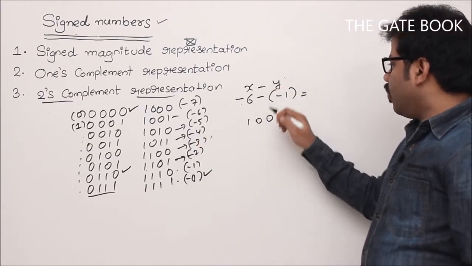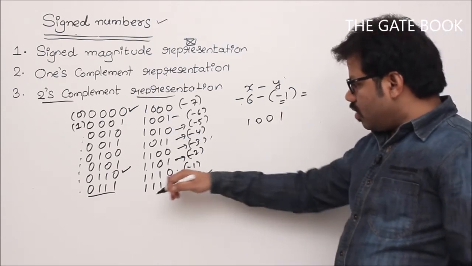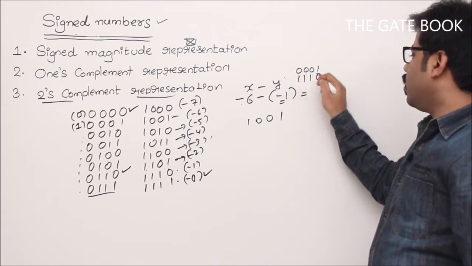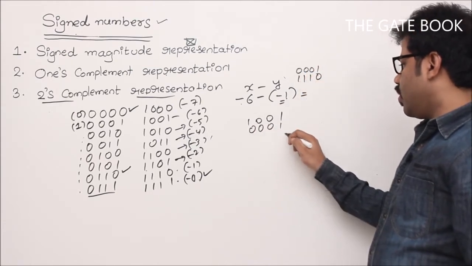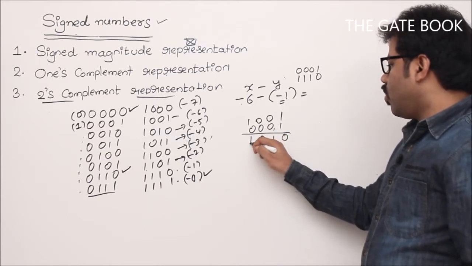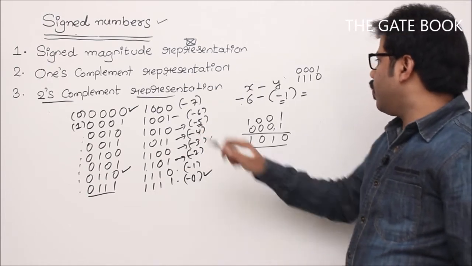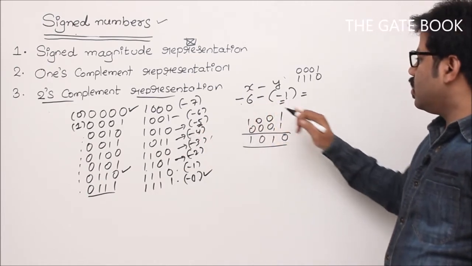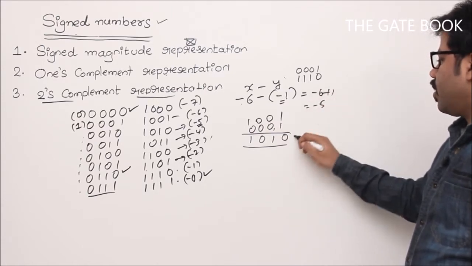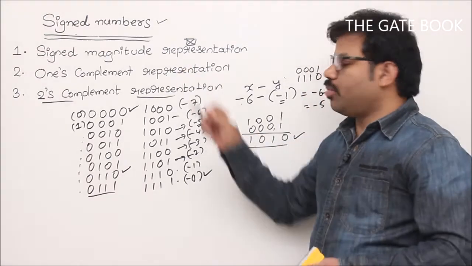Take y, which is minus 1, but take one's complement of that: 1110, whose one's complement is 0001. Then do addition blindly: 1001 plus 0001 gives 1010. So what is 1010? Minus 5. Minus 6 minus minus 1 is minus 6 plus 1, which is minus 5. Perfect. In that way, addition and subtraction can be done using one's complement representation.